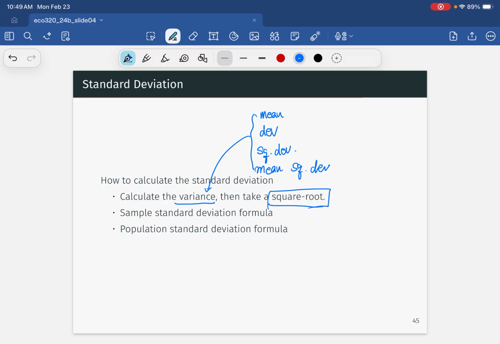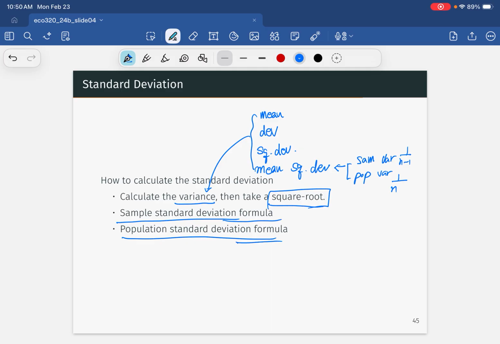And remember, when you calculate the variance, we had sample variance or population variance formula, right? So remember, sample variance is 1 over n minus 1, and population uses n in the denominator. So depending on which formula you use for the variance, standard deviation also follows those formula, right?